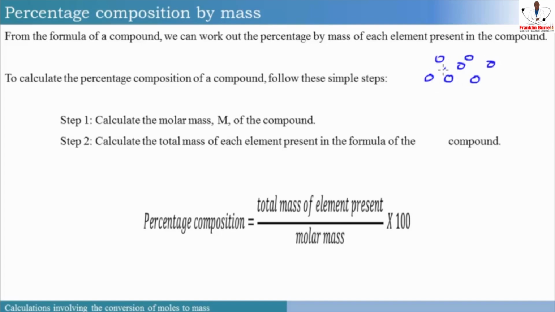And I have some dots within that mixture. I could find the percentage composition of dots to balls, or the percentage composition of balls to dots. So in this case, the percentage composition of dots would be equal to, how many dots do I have?